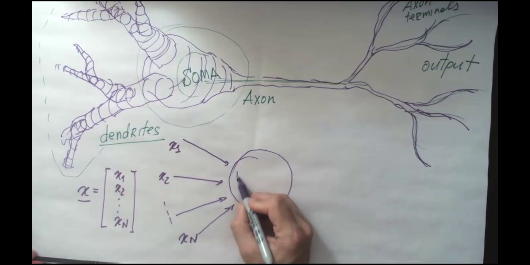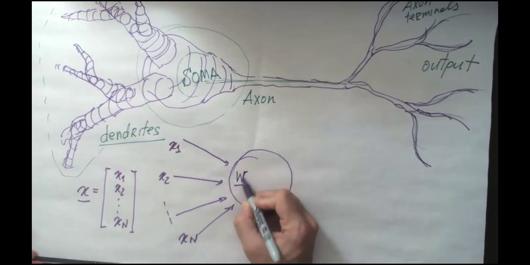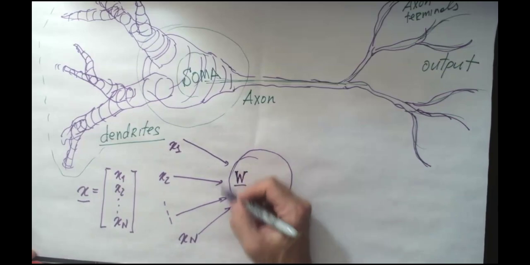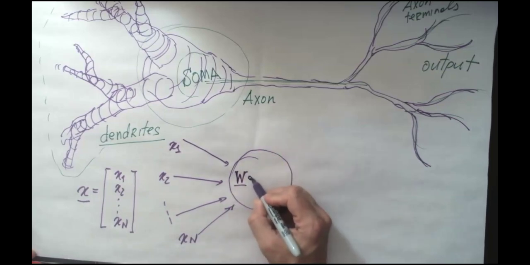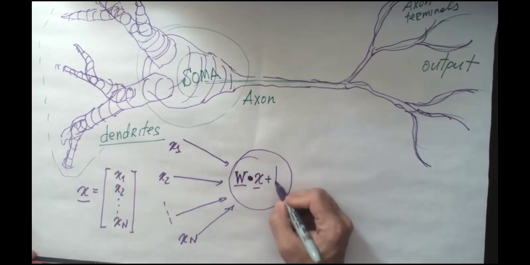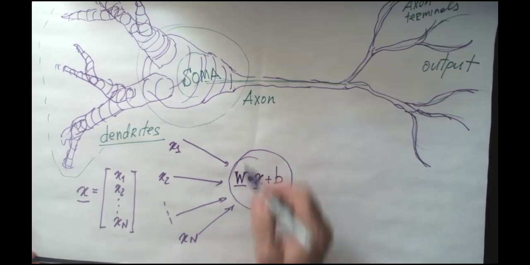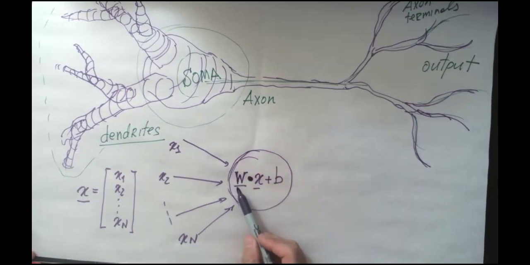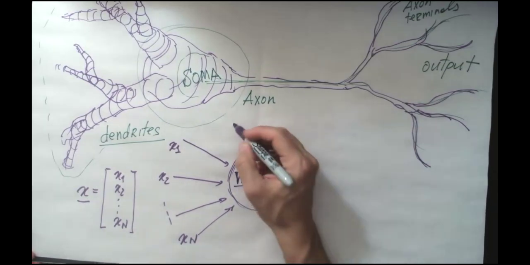And inside here is the black box of the neuron, the so-called perceptron, which computes the dot product of the input with a weight vector and a bias.